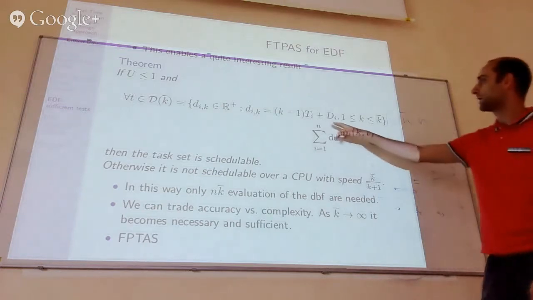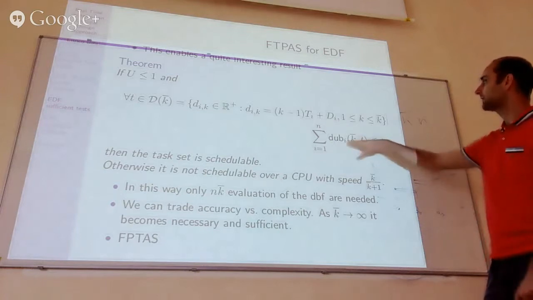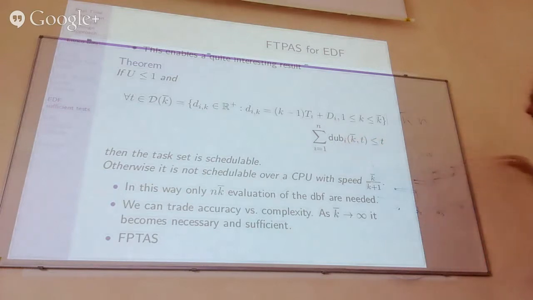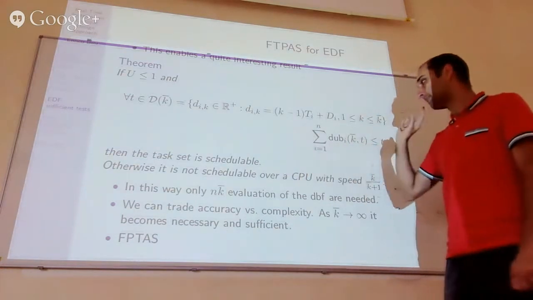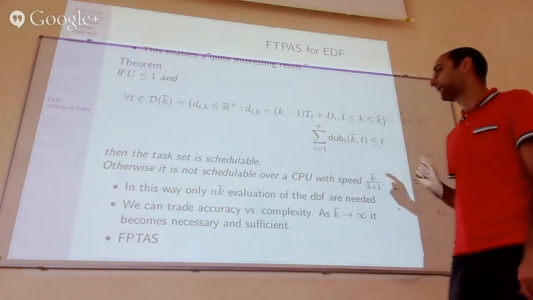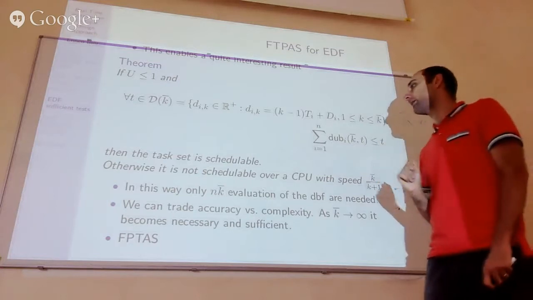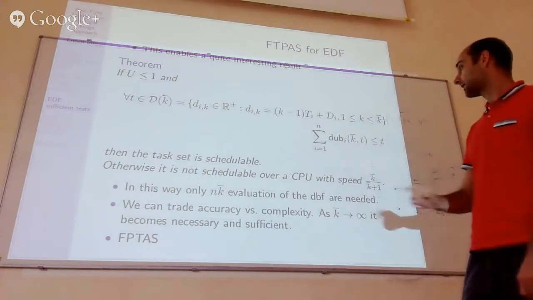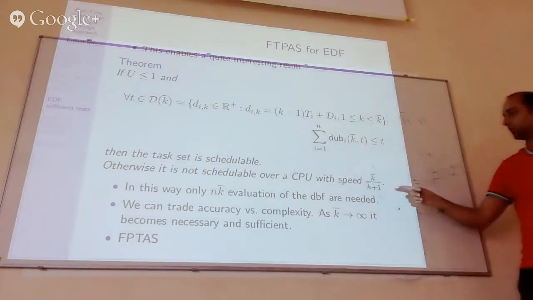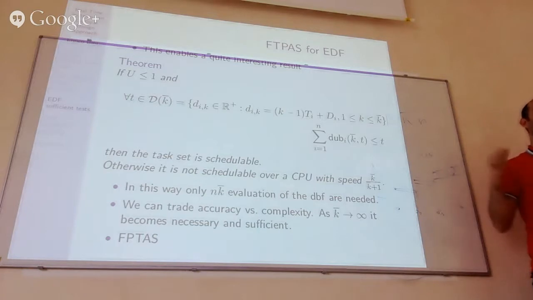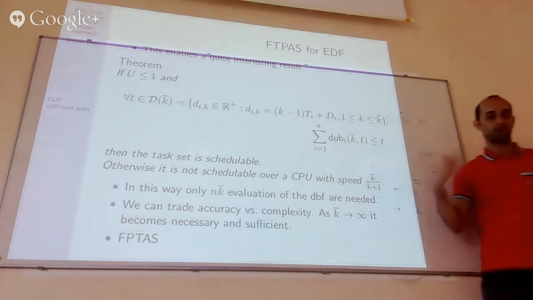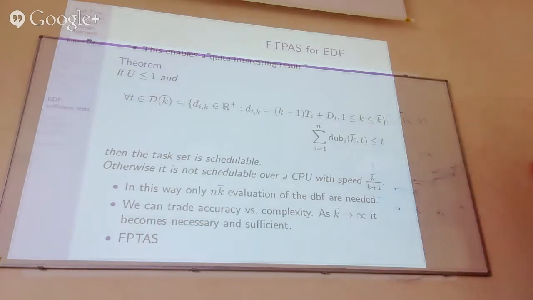Then we have to check if this is satisfied, because for large values this is guaranteed, and the set is schedulable. Otherwise, and this is the new interesting part, it is not schedulable over a CPU with speed k bar over k bar plus 1. This is called a resource augmentation bound.